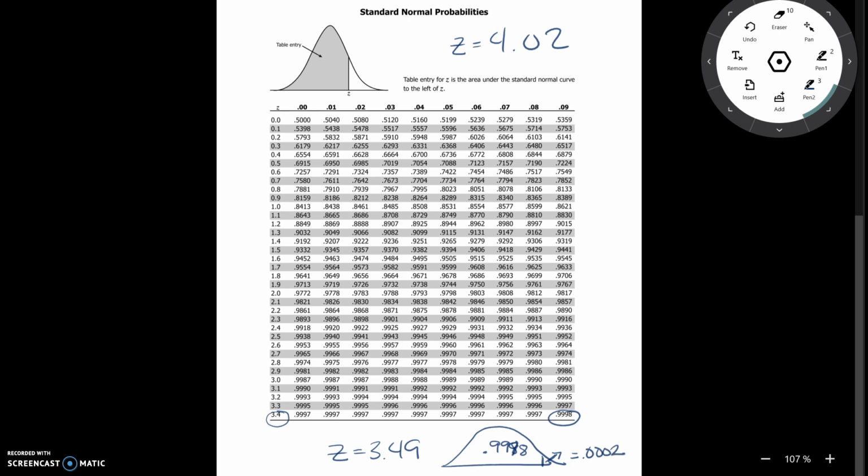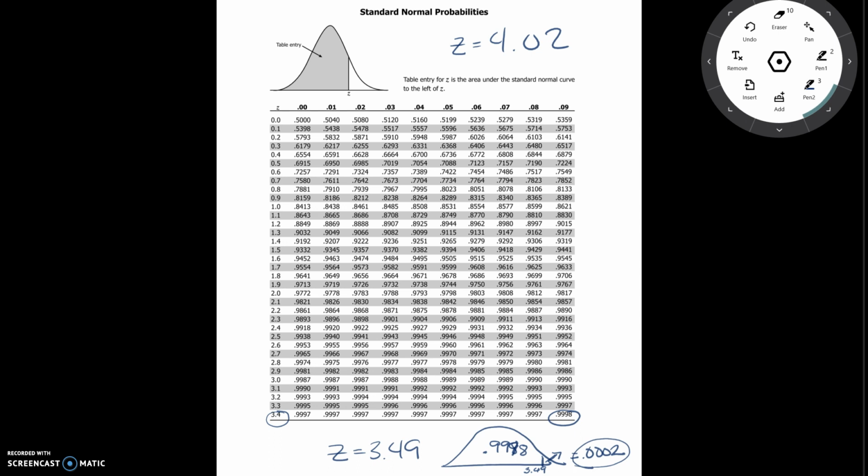Now, if we had 3.49 here, our test statistic is even further out to the right, so it tells us that the area we want is even smaller than this value.